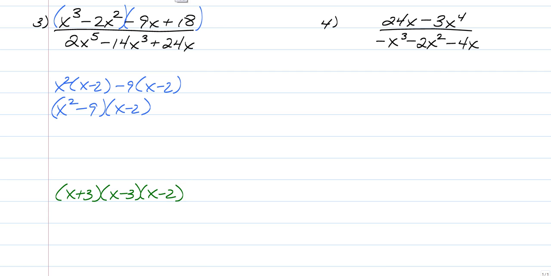So the first thing we would want to do with our denominator is we can see that there is a greatest common factor. So we could factor out a 2x from this entire thing. So I'm going to do my work for the denominator separately over here. So that would give me a 2x, leaving me with an x to the 4th minus 7x squared plus 12.